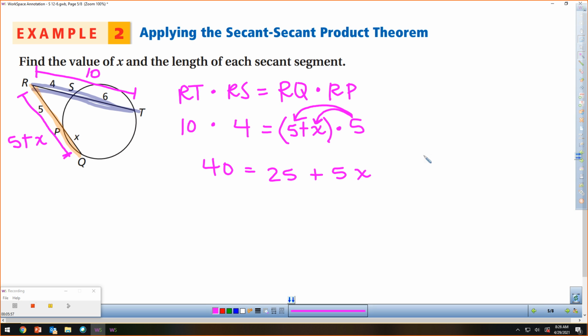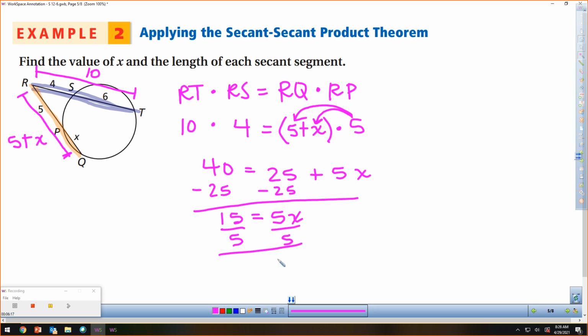And now this is a normal expression that you can solve. So you subtract your 25 on both sides, and you get 15 equals 5x. And then you divide both sides by 5, and you get that x is equal to 3.